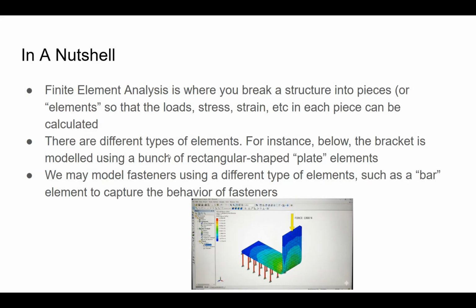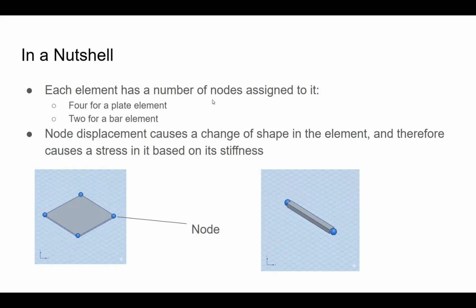Each of these elements, to go a little bit deeper, has a number of nodes assigned to it. In the case of a plate element, you have 4 of these nodes, and this is attached to other plates, of course. So a plate right here would share this node. A plate element usually has 4 nodes, at least a basic one does, and a basic bar element has 2 nodes, as you can see here, just in order to make its shape.